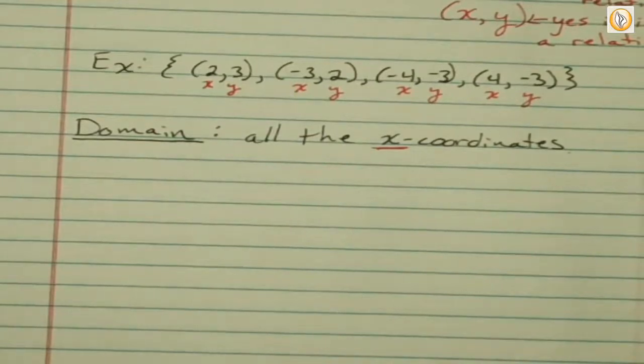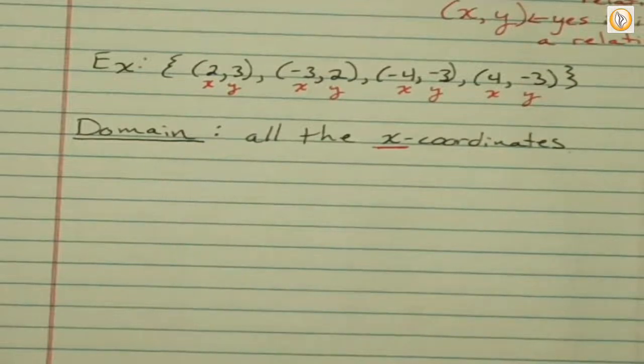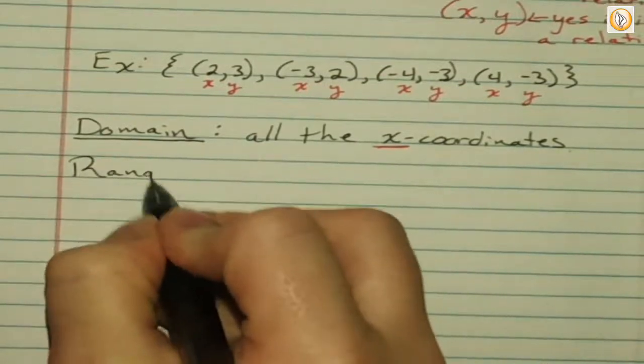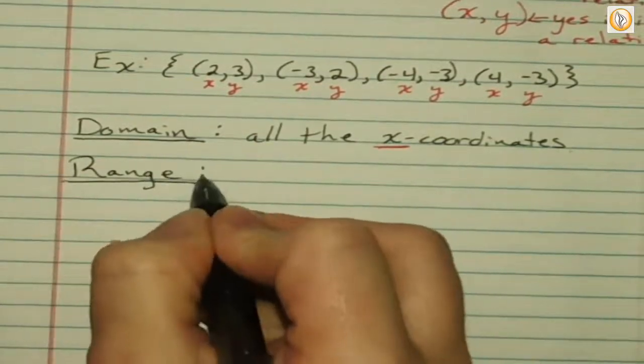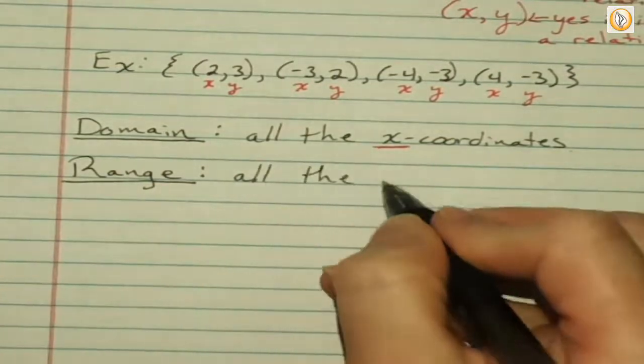Why they don't just say, what are all the x coordinates? You know, what are all the x's? But they're asking for the one word domain. So domain means the x. Then you have range. What do you think range is? Bingo. All the y coordinates.